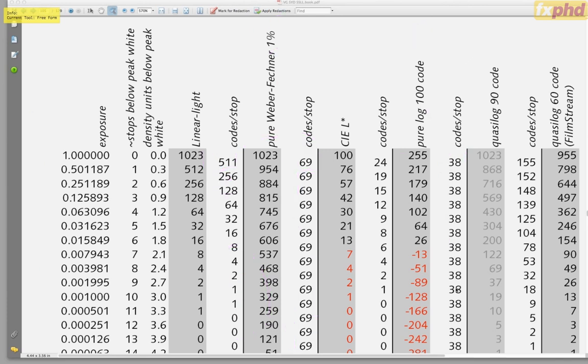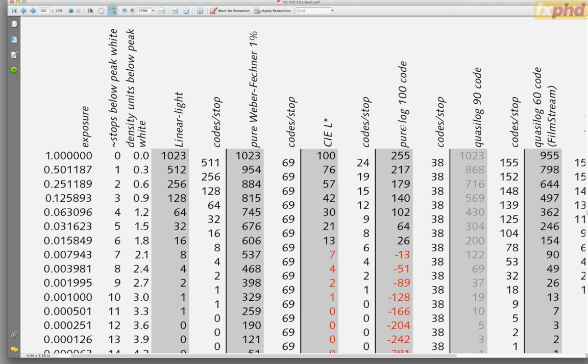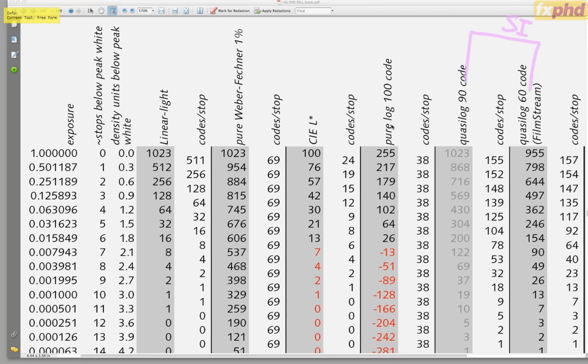So basically, that's the argument that gets us to something like quasi-log 90 coding, and this is Silicon Imaging. And I'm almost on to quasi-log 60 code. So let me shift over and show you the quasi-log 60 codes, because that's Viper Film Stream. So now let's go to this column, quasi-log 90. This is Silicon Imaging.